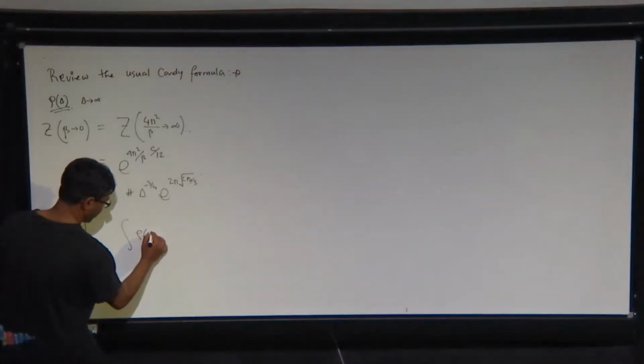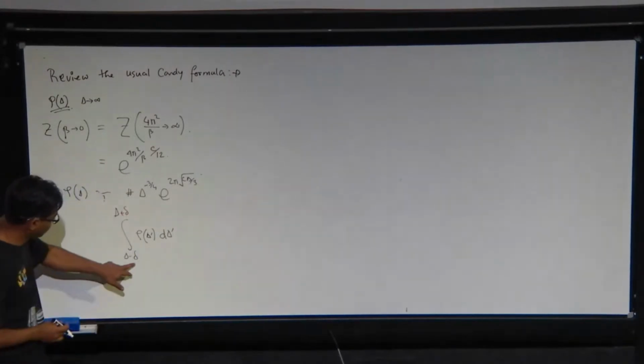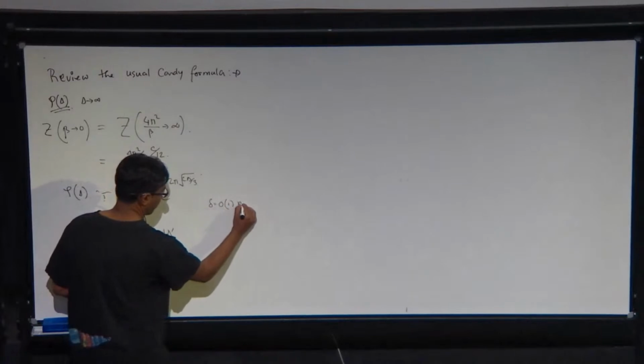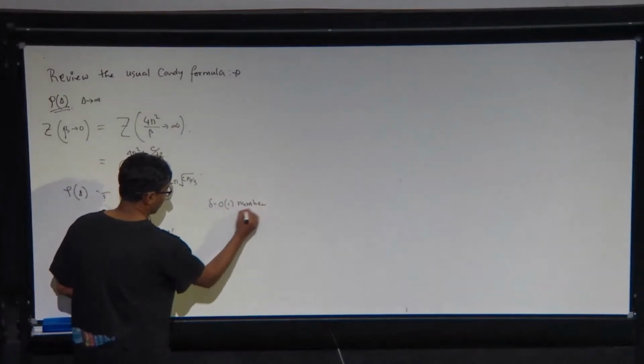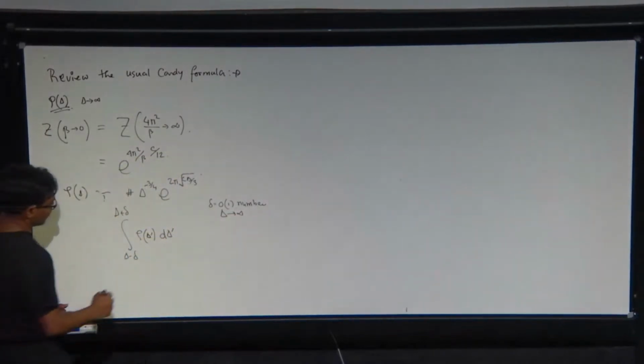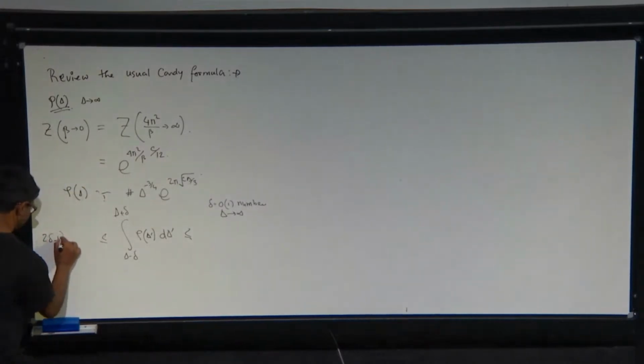And the more precise version of the Cardy formula is basically some smeared version of this, where we can show that if we smear rho of delta prime, d delta prime, over some small window of size delta, where delta is some order 1 number, and if we take capital Delta going to infinity, this quantity has an upper bound and a lower bound, which go like this.